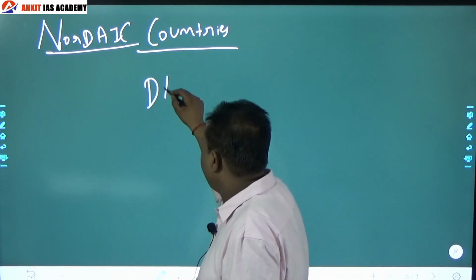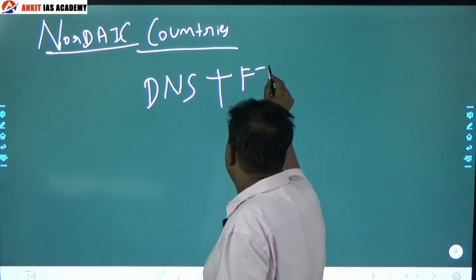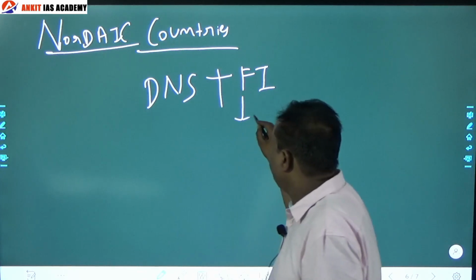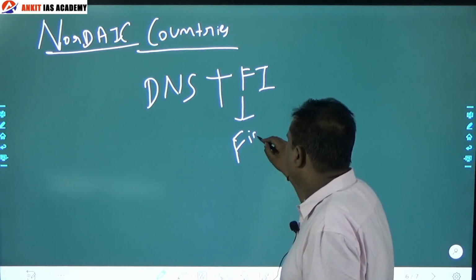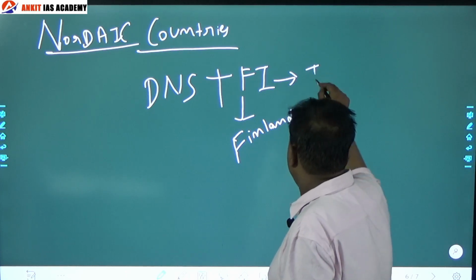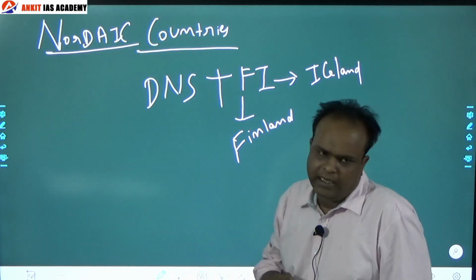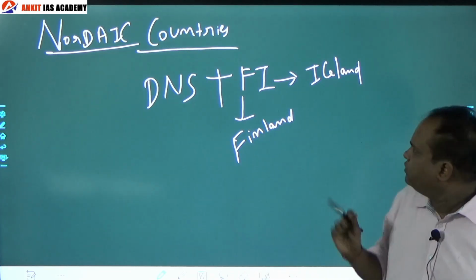Again, DNS plus FI. F stands for Finland, I stands for Iceland.